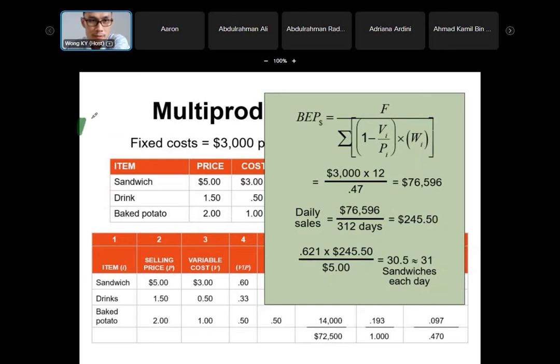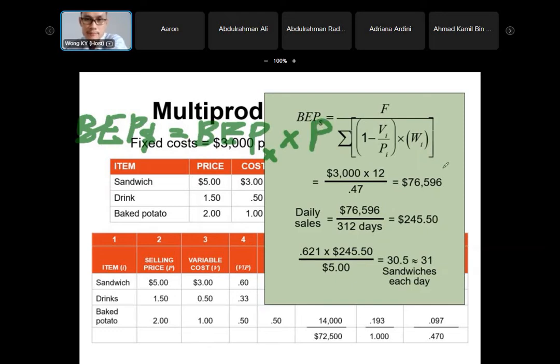Right, as I explained before, BEP in dollar equals to BEP X multiplied with the slope, which is the selling price. Okay, so now you are asked to find the break-even point for sandwich every day.